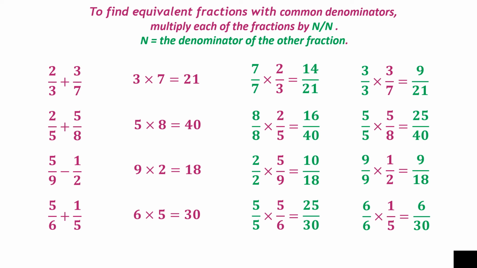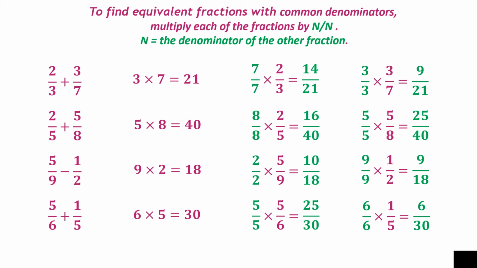We just subtract the numerators to find out how many 18ths we have. Let's try one more. 5/6 plus 1/5. We multiply 5/6 by 5/5, and we find an equivalent fraction of 25/30. Then we multiply 1/5 by 6/6, and find an equivalent fraction of 6/30.